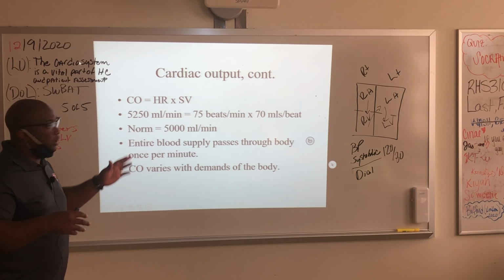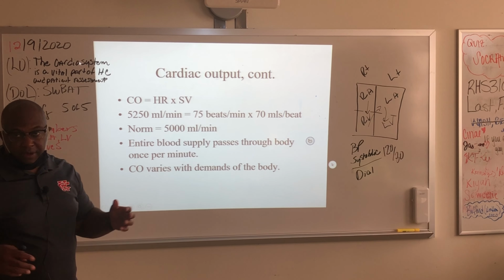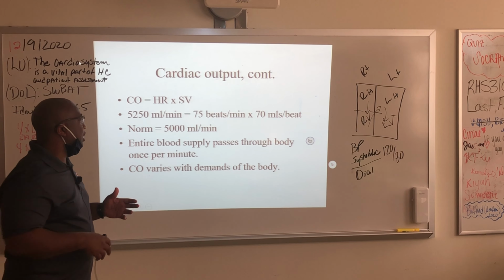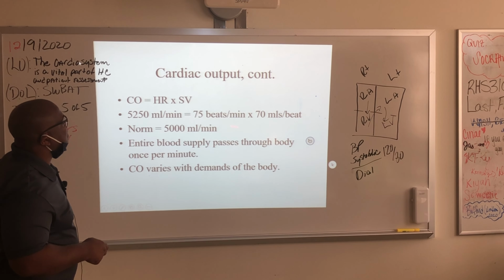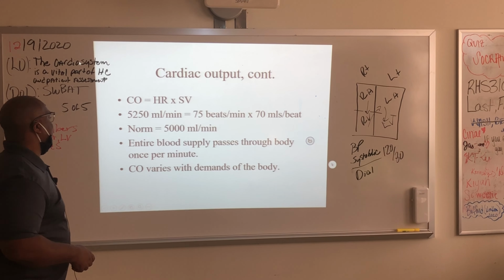So that number is always going to be in there. When you get the sheet today, you're going to have to answer some questions based on those numbers. So you have 75 beats per minute, and the stroke volume is 70 mils per beat. The normal cardiac output is 5,000 mils per minute.